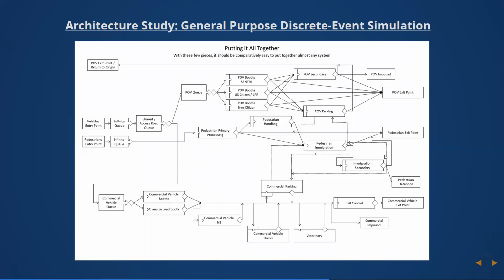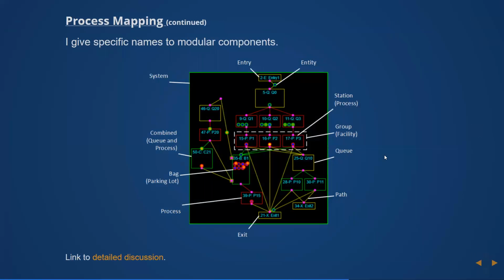That's an architecture study I did to figure out the minimum number of components that are reusable, that I should create to build a general purpose discrete event simulation tool, which ended up looking like that.